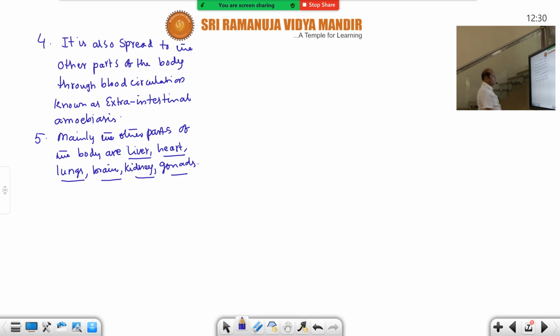Mainly the liver. If the liver is affected, that is called hepatic amebiasis. Very dangerous, more dangerous. All are extraintestinal amebiasis, but this is especially the liver, very dangerous. The person will collapse immediately.